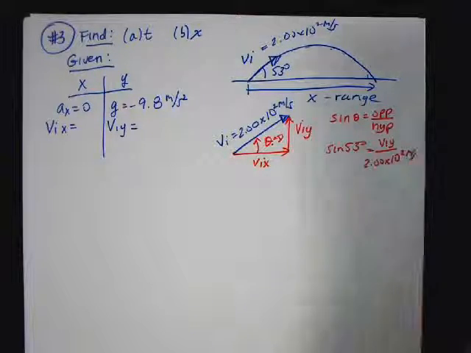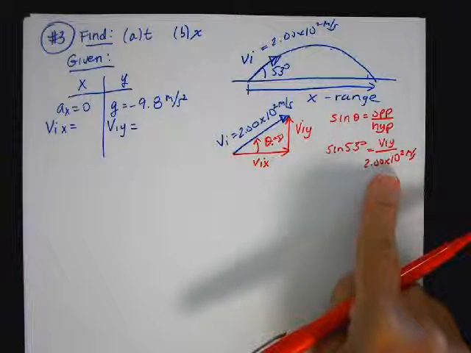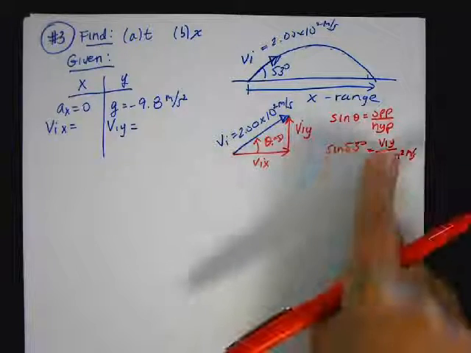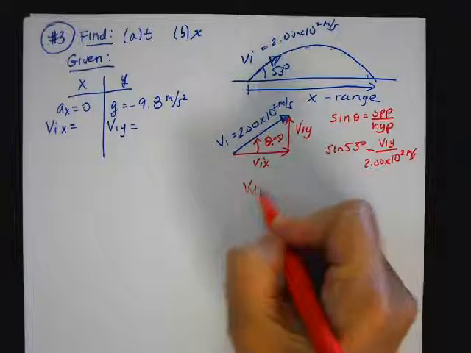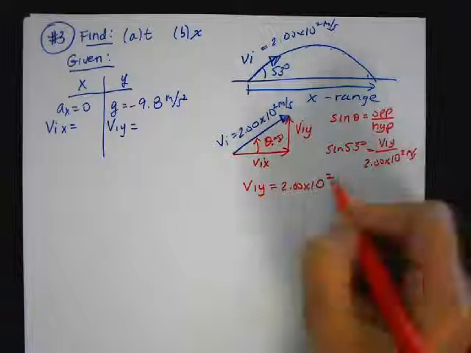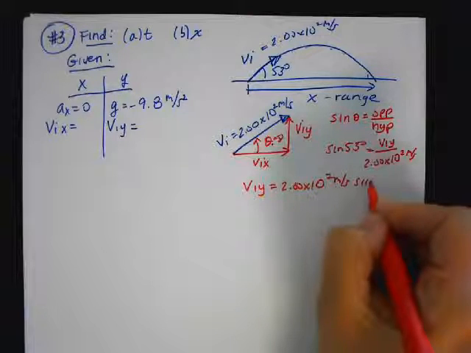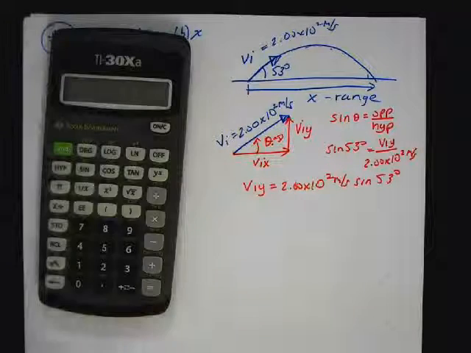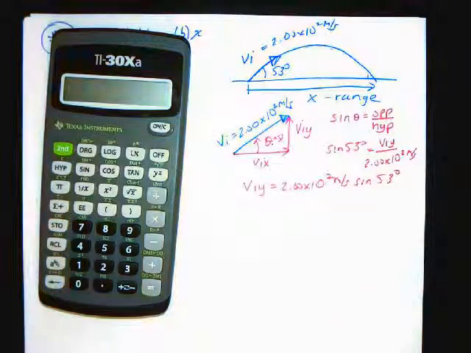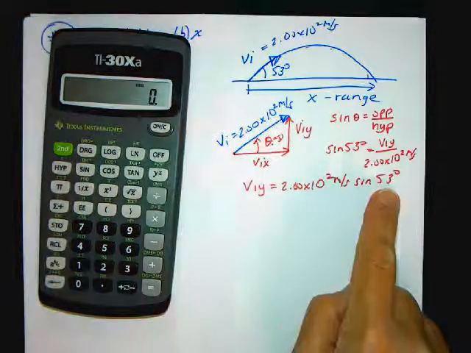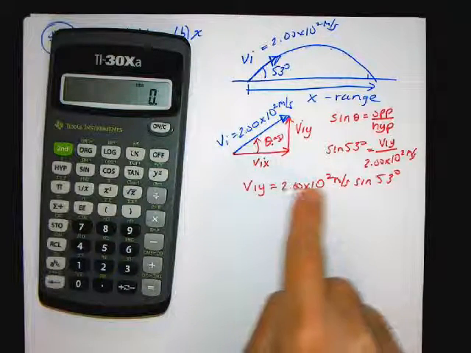Now, after this point, this is algebra. When you multiply this, this goes in the front, not after. So I'm going to have VIY is equal to 2 times 10 to the 2 meters per second times the sine of 53 degrees. Now, the correct way to put this in my calculator is, I'm not going to multiply this times 53.